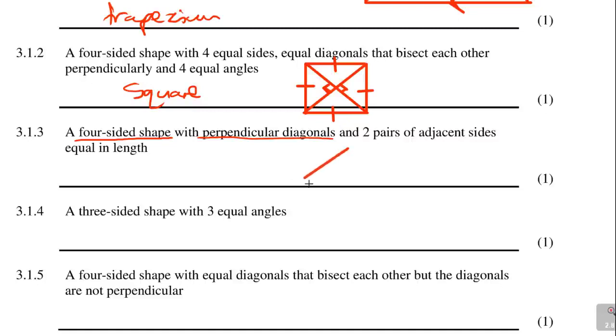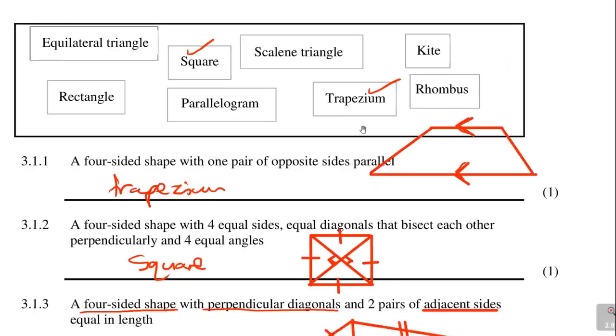We are dealing here with a kite like this. Trust me. With 2 pairs of adjacent sides. These are adjacent sides. And then we are saying a 4-sided shape with perpendicular diagonals. Look at this. If I do this, the diagonals here are perpendicular. So what is this? This is a kite.